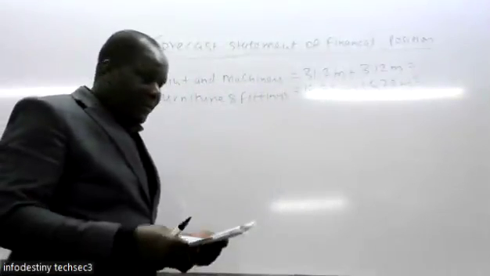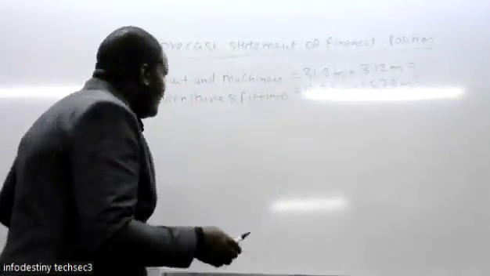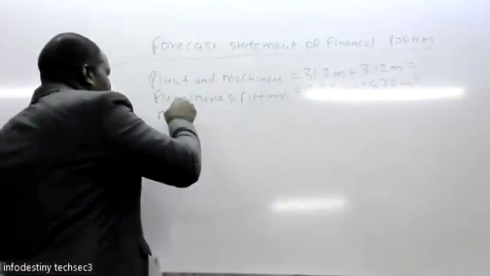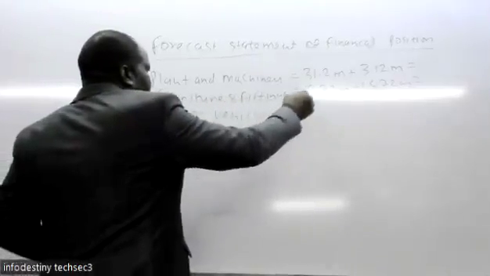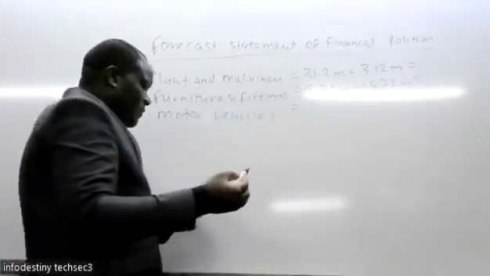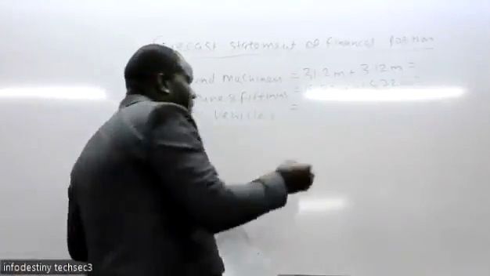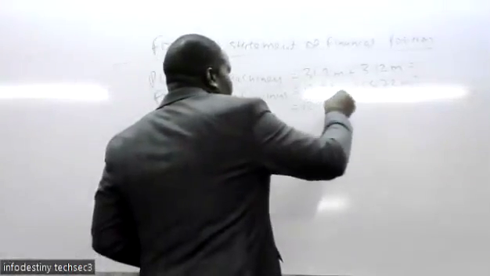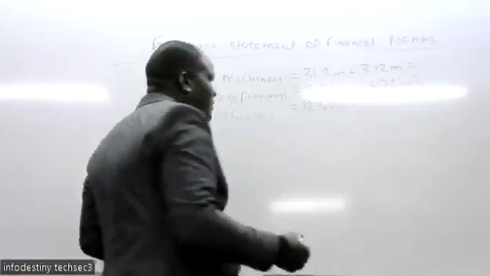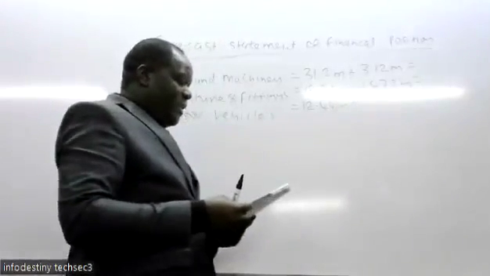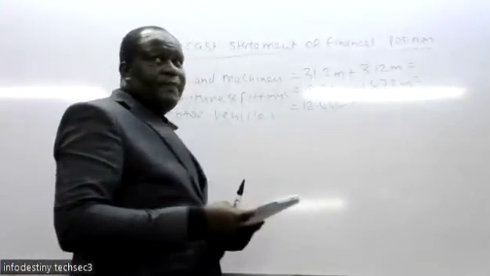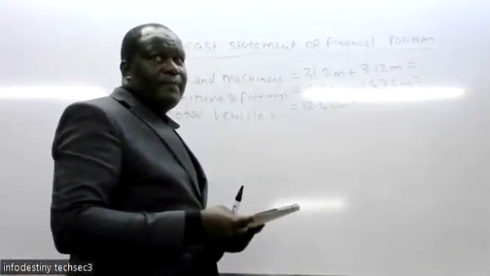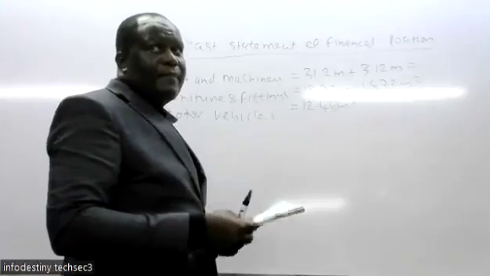We go to the next one, motor vehicles. For the motor vehicles, it is 12.48 million. Then we add, what was the increase? 1.248.